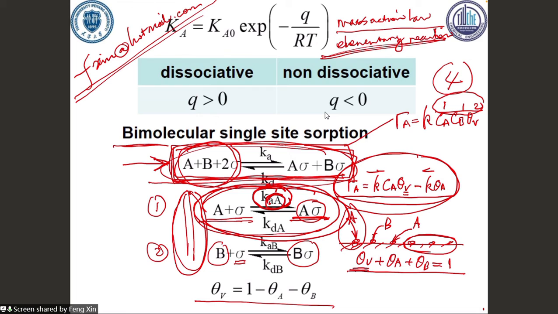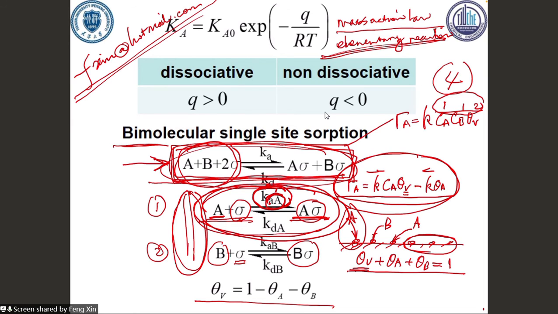Here we use P, not C; it doesn't matter, you can use Ca. Pa is multiplied by the concentration of the active site. I just told you for the active site we use the coverage to calculate the concentration.